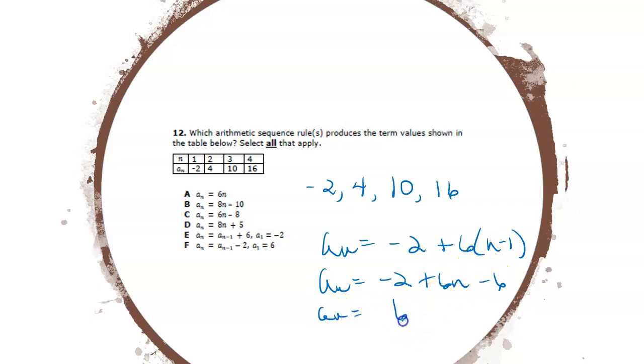A sub n equals 6n minus 8. So C is correct, A is not, B is not, D is not, because they all would look the same. E and F, again, all we need to do is look for the first term. My first term is -2, so E is my answer. C and E.